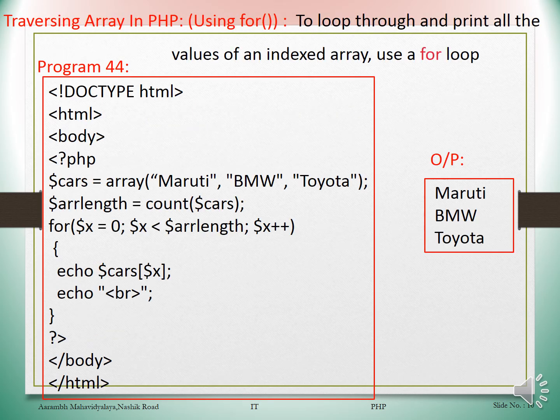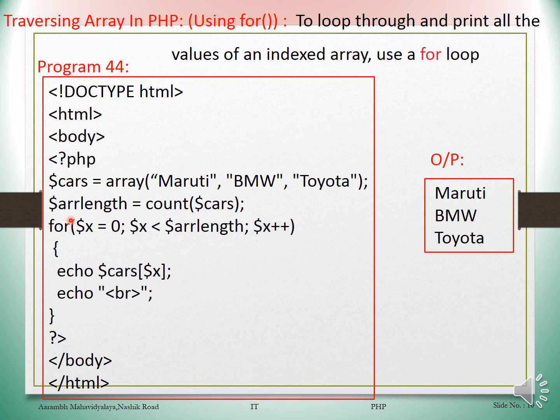Then we can traverse the array elements using the for loop also. It is also known as printing the data through a loop. Here we have declared PHP, then the array name cars is declared with the array as Maruti, BMW and Toyota. That means 3 types of cars are declared under the array name cars.